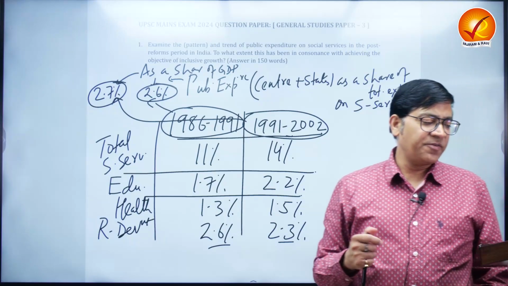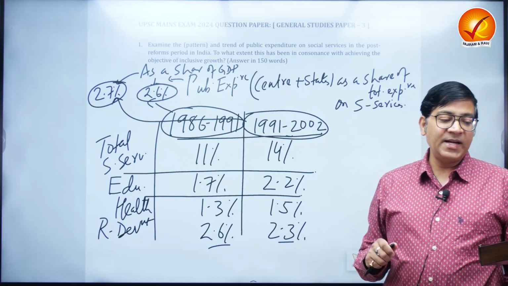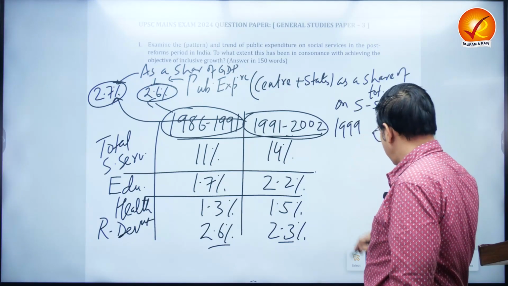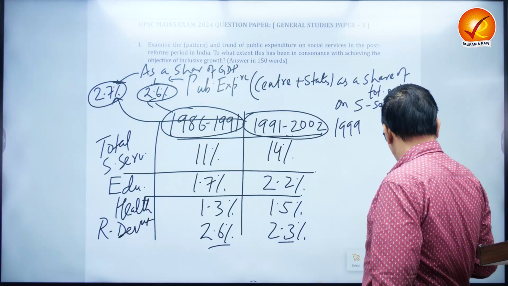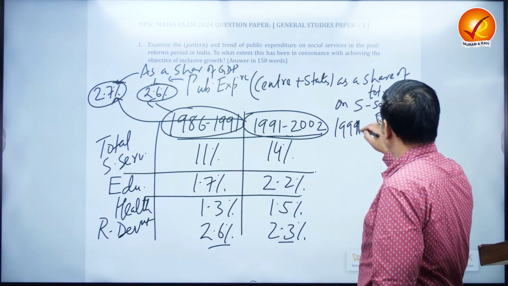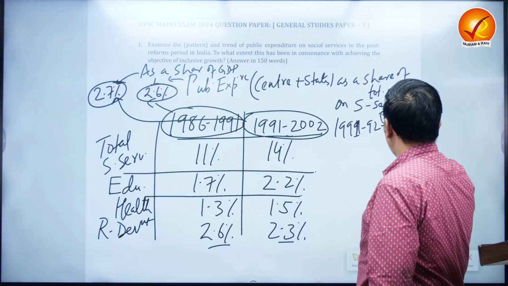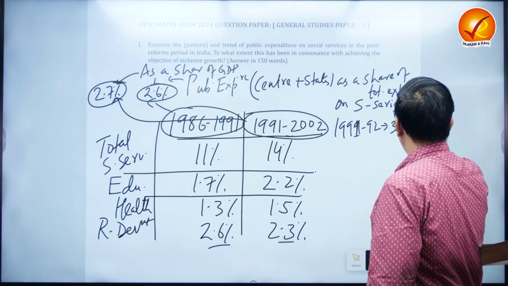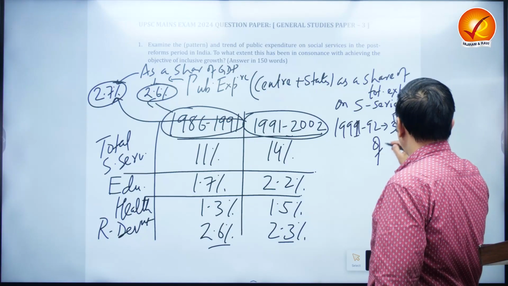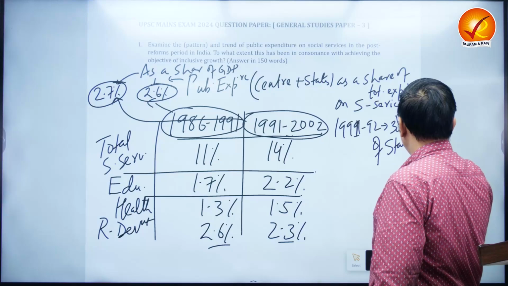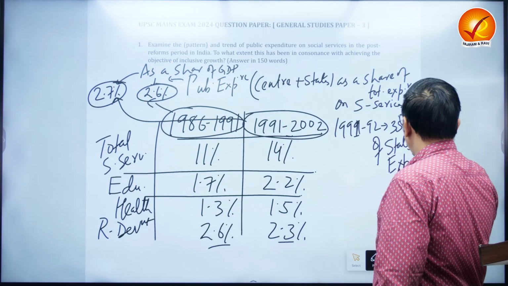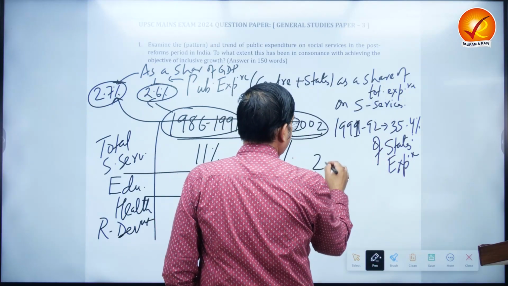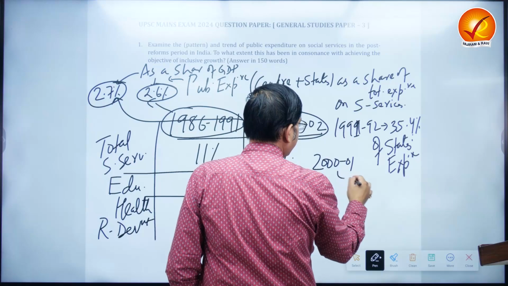For example, just to give you a figure orally, in 91-92 we were having about 35%, rather 35.4% of state's expenditure on the social services, which is falling to 34% in 2000-2001.